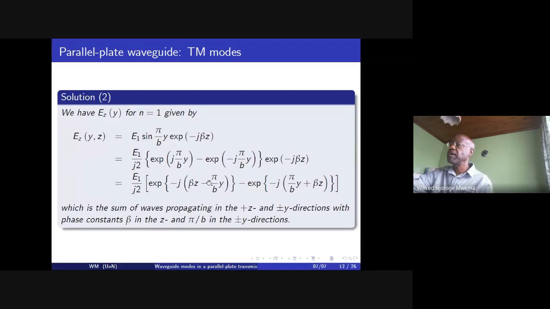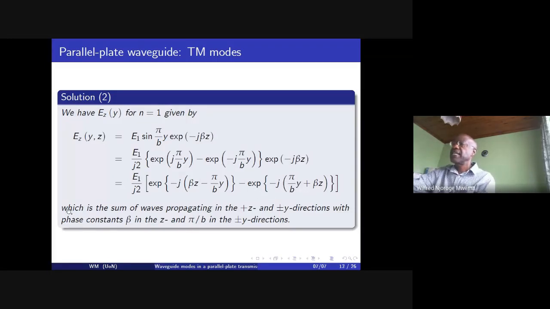Therefore, this is a wave that is propagating in the minus y direction, while it's going in the positive z direction. And the other one, we can see, is traveling in the positive y and positive z direction. So this is another component, and this is what we were expected to show.